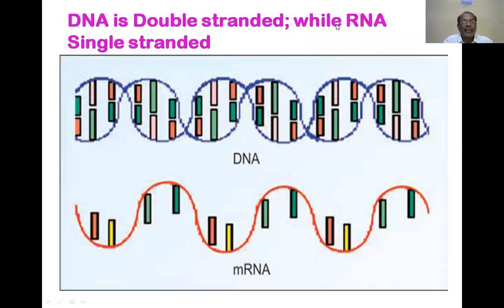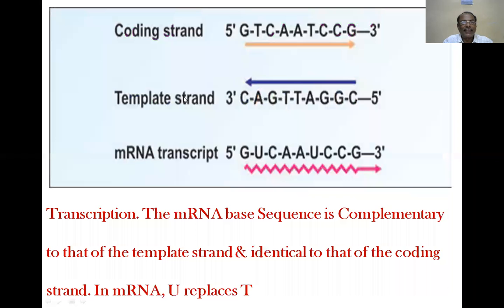DNA is double stranded while RNA is single stranded. There are two strands on the DNA. One is the coding strand, another is the template strand. The mRNA transcript exactly follows this template strand, or otherwise it is almost that of the coding strand of the gene, except that thymine is replaced by uracil.